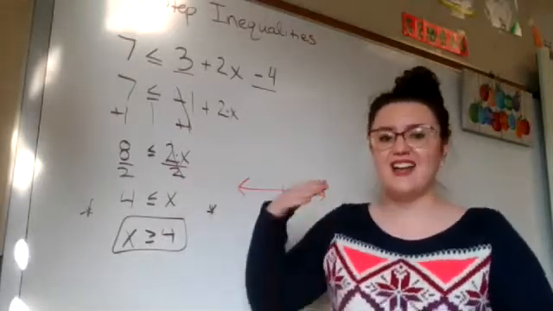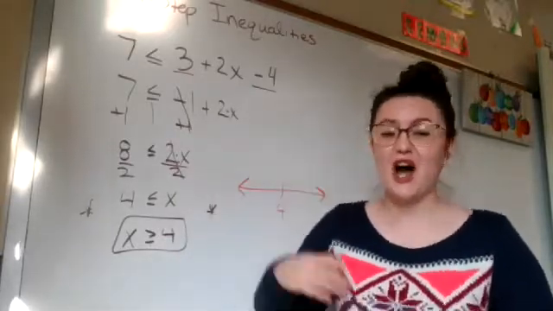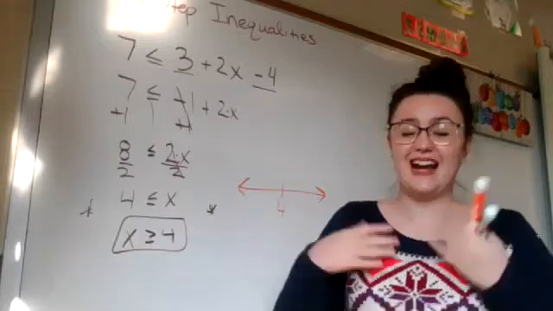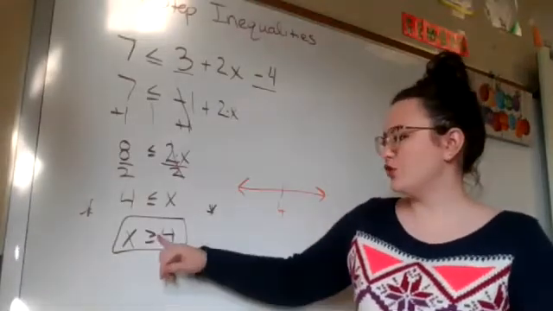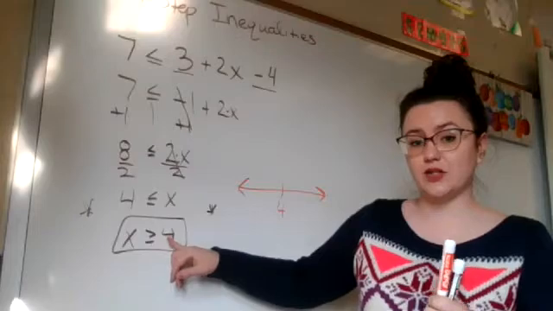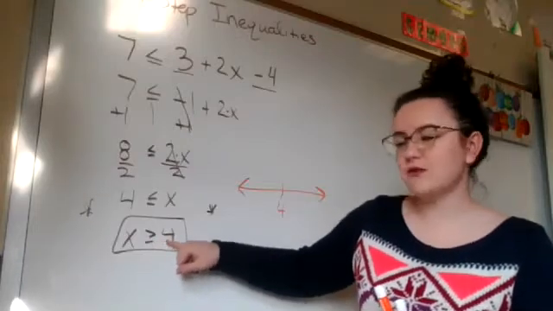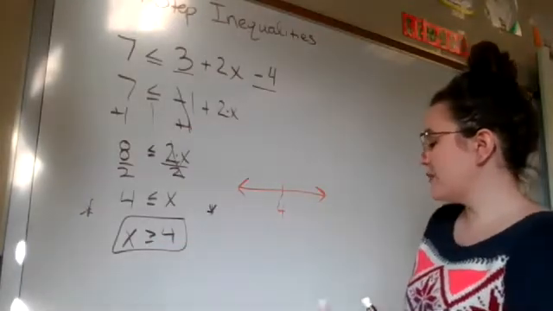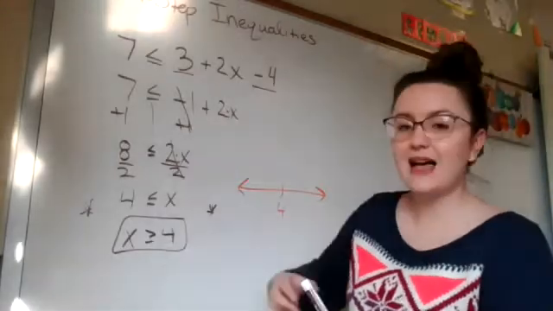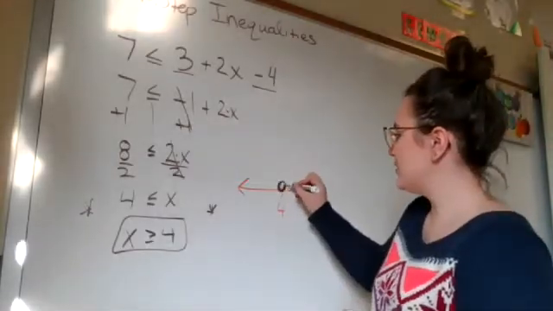5 is a solution. 35 is a solution. 105 is a solution. 94, 1,000,004. Okay, any number greater than 4 is a solution and also equals 4. So when I go to graph this on a number line, because it has the line underneath, I am going to use a closed circle.